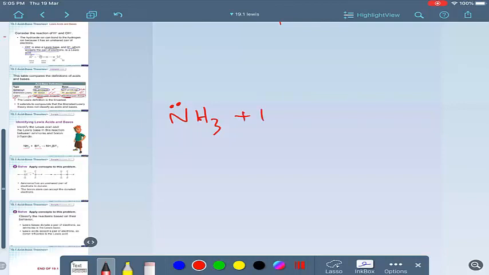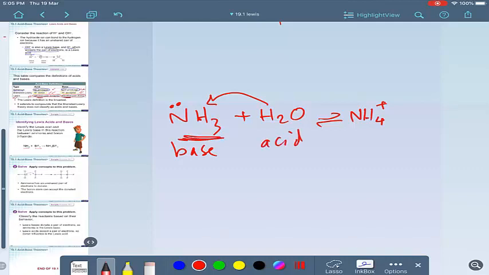If it reacts with water, for example H2O, what happens here? It gains or accepts hydrogen and becomes NH4 positive. It means it accepts hydrogen. Because of that, it's a base, because a base accepts hydrogen, as I said before. And water donates hydrogen, so it's an acid. You remember that? So NH3, according to Bronsted-Lowry theory, is a base.